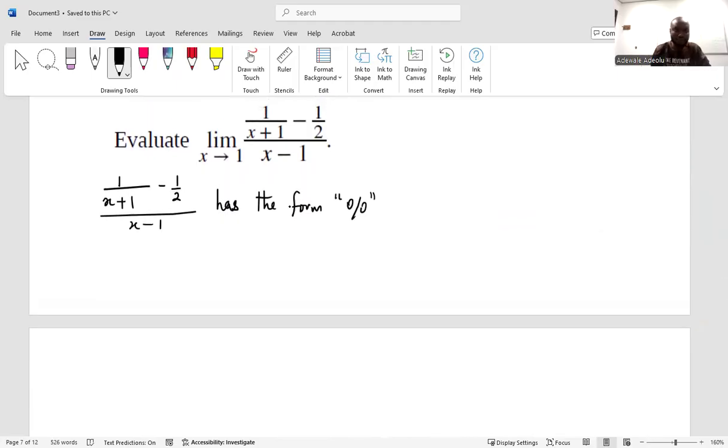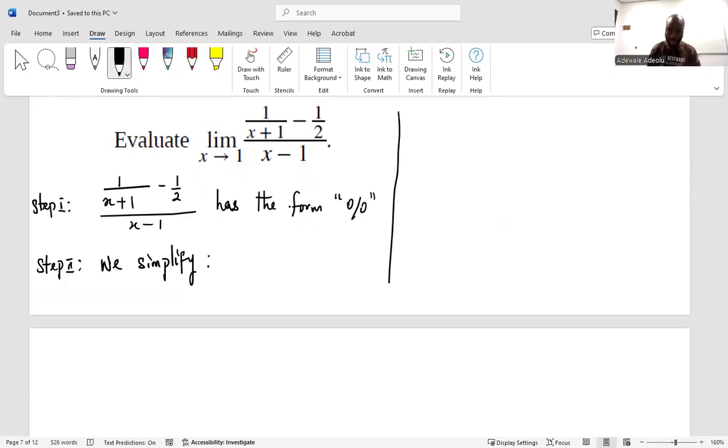This is the first step we take. We already obtained the form, so we are sure that we need to do something. Step 2, we simplify. Remember that if we are simplifying, it means we are still looking for a function that is identical to the whole of this.